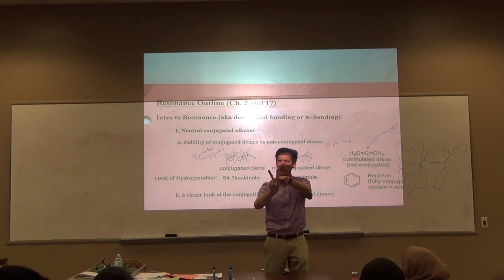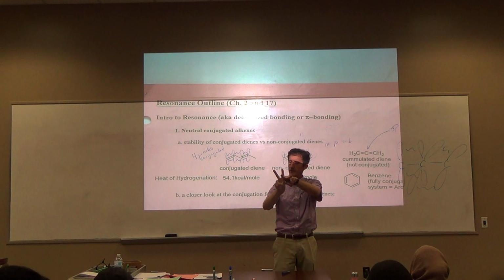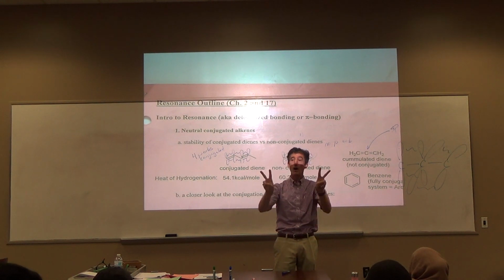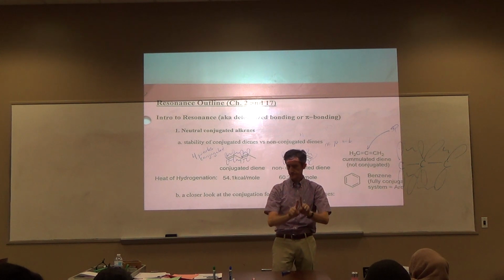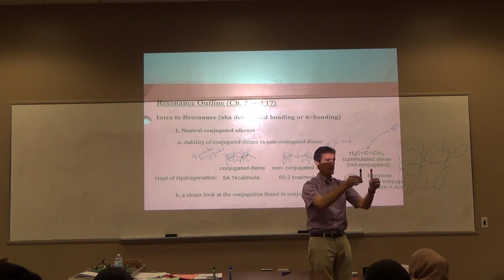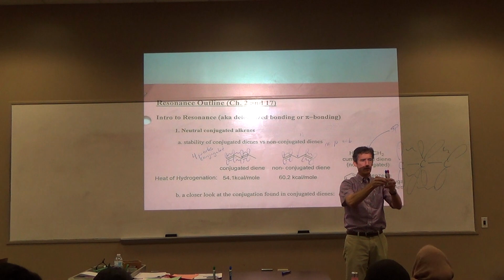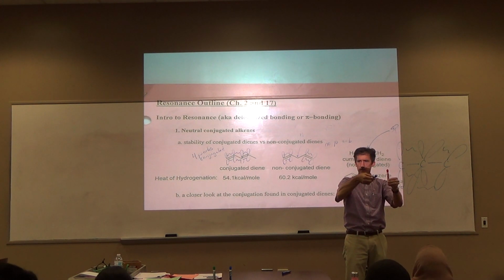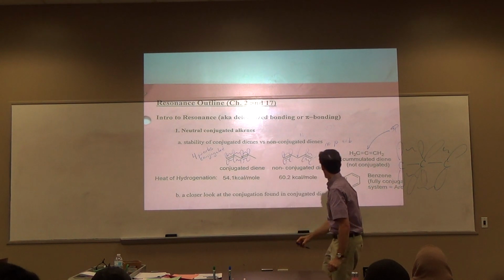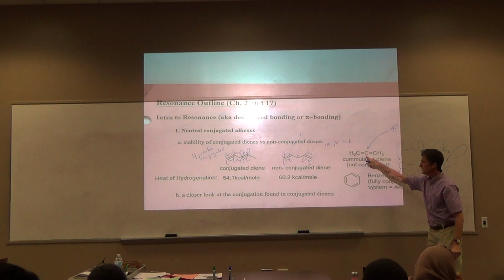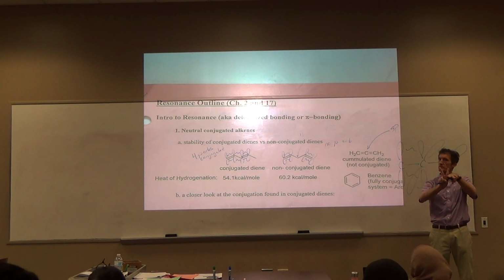Because importantly, to have full overlap, how do p orbitals have to overlap? All like this. Like that, those are overlapping. What about here? Are they overlapping here? No. So this is really two different alkenes positioned like this, and they're not conjugated with each other.